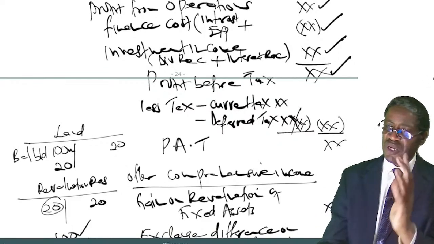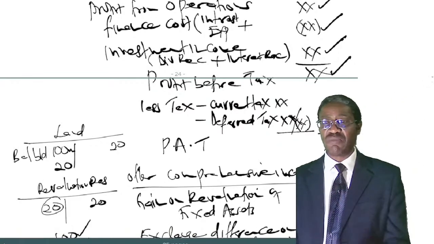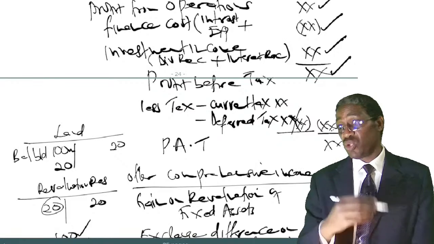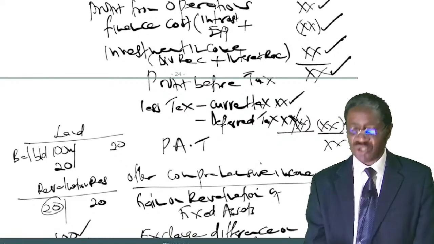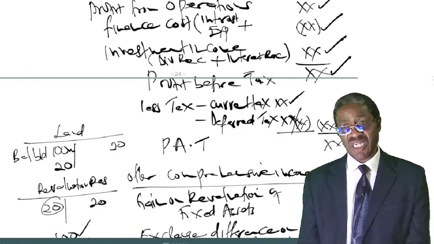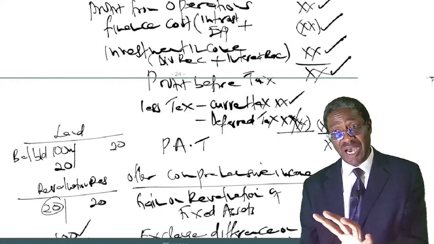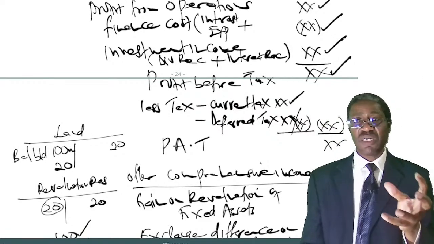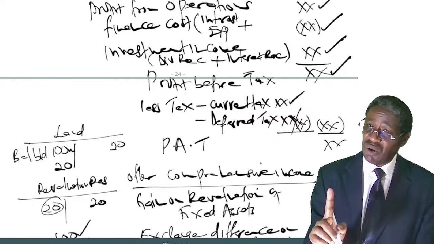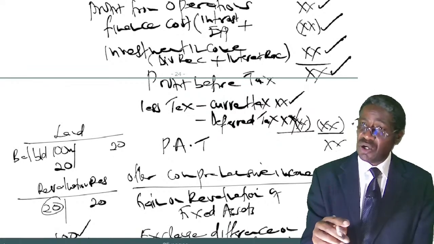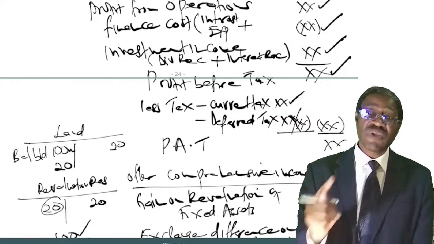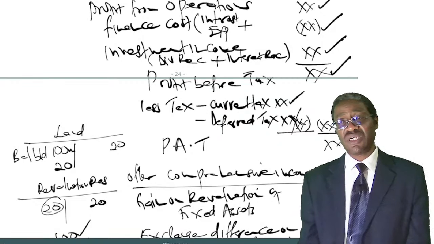To get the tax expense, there are various components. One of them, which will obviously be there, is the corporation tax, or what your question could call the current tax. Sometimes your question may have deferred tax. There are times we shall be adding the deferred tax to the current tax, or there are times you will be deducting it from the current tax. We shall discuss that in a short while.